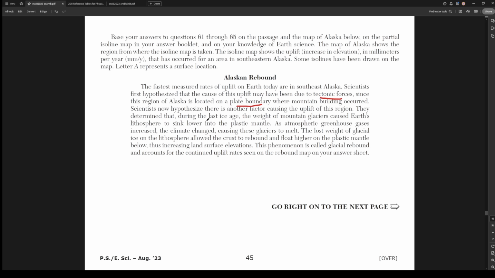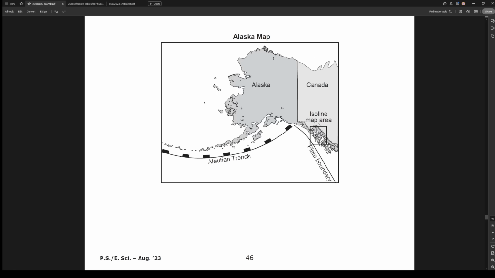Blah, blah, blah. During the last ice age, the weight of the mountain glaciers caused the lithosphere to sink lower into the plastic mantle. As atmospheric greenhouse gases increased the climate change, causing glaciers to melt. Loss of the weight made the crust rebound and float higher, increasing elevation. It's called glacial rebound. It accounts for the continental uplift rates and the rebound maps on your answer sheet.